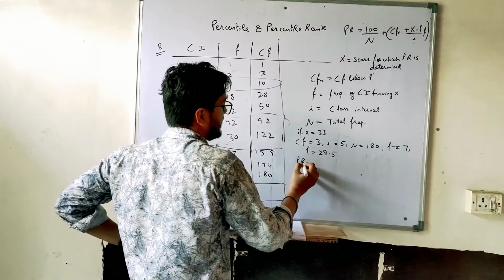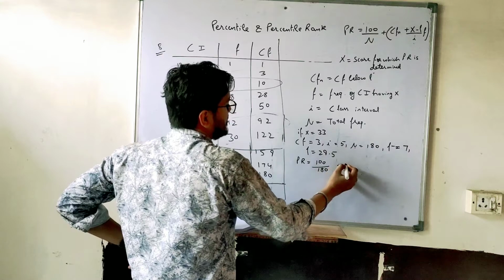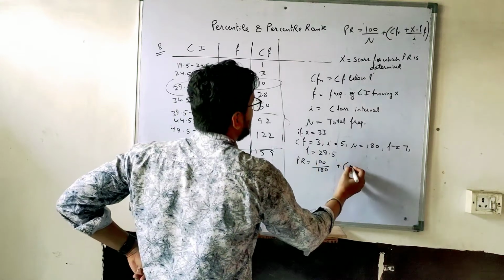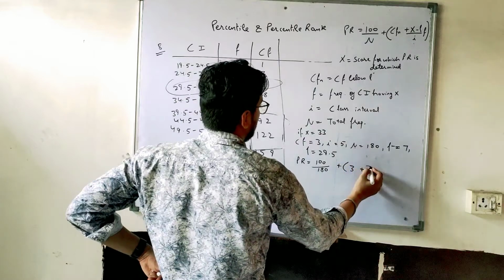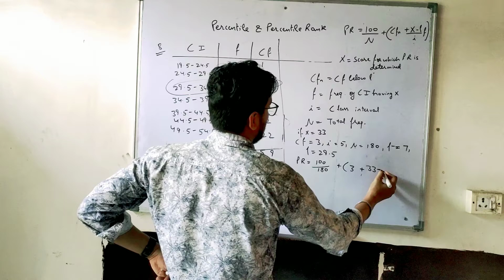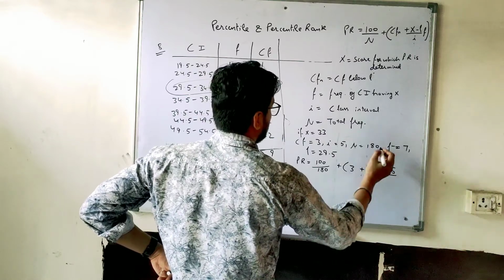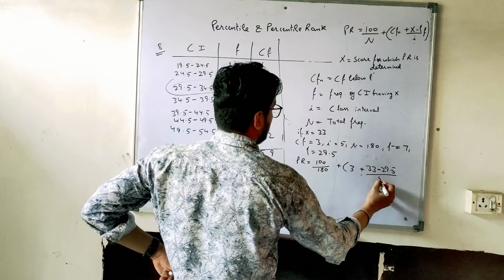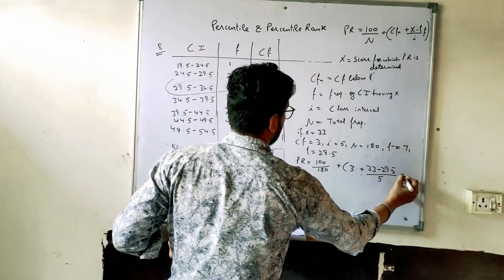So percentile rank is equal to 100 upon 180, into CF which is 3, plus x which is 33 minus L, the lower limit 29.5, upon i, the class interval, which is 5, multiplied by f, which is 7.